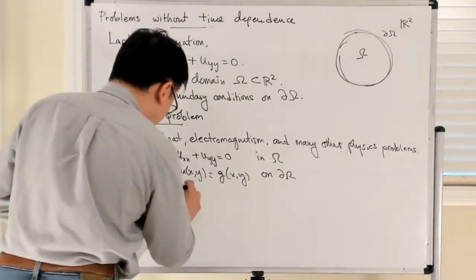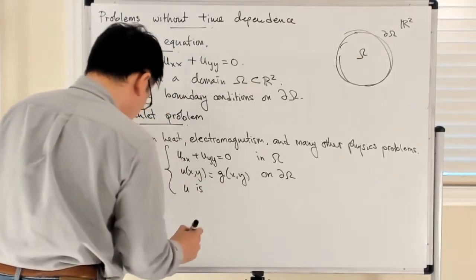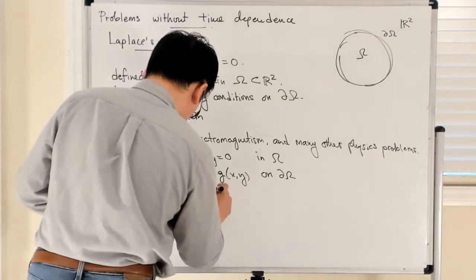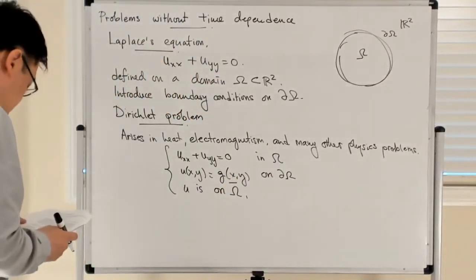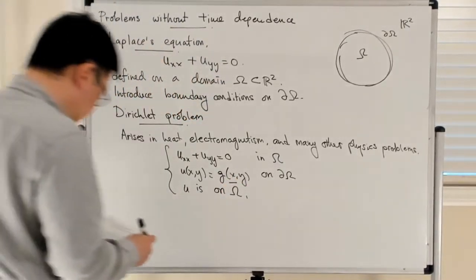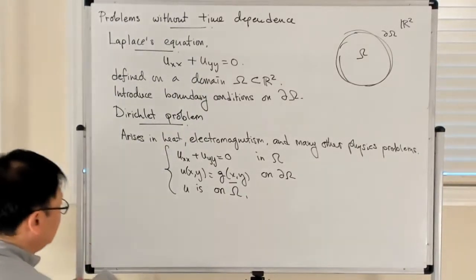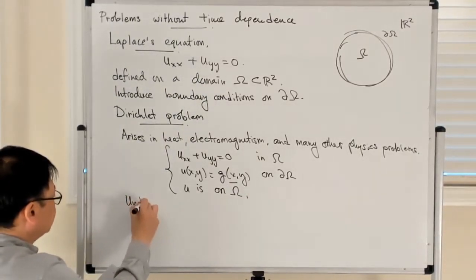And then we want that u is continuous on the closure of this.